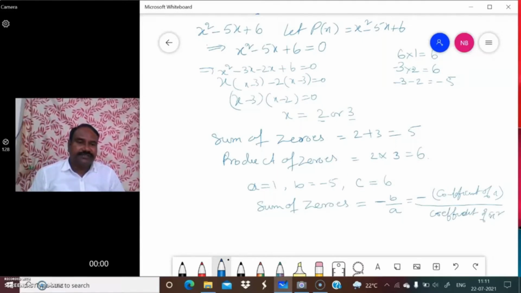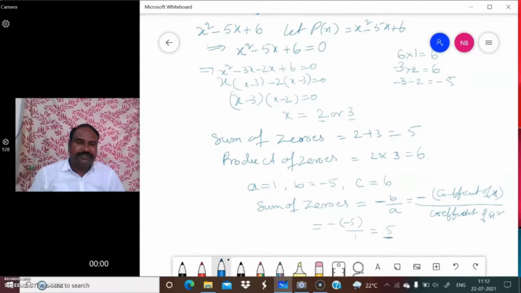That is, the coefficient of x square is a, the coefficient of x is b, so minus b by a. Here you substitute: minus b by a is how much? Minus of minus 5 by 1 is equal to 5.